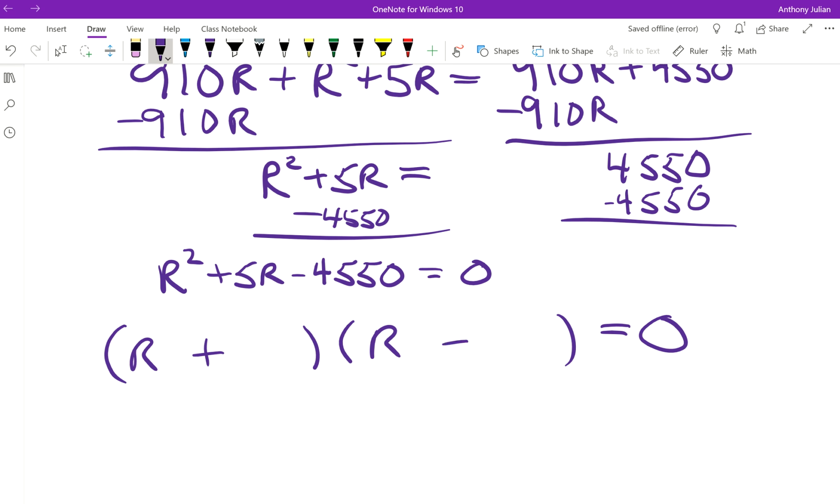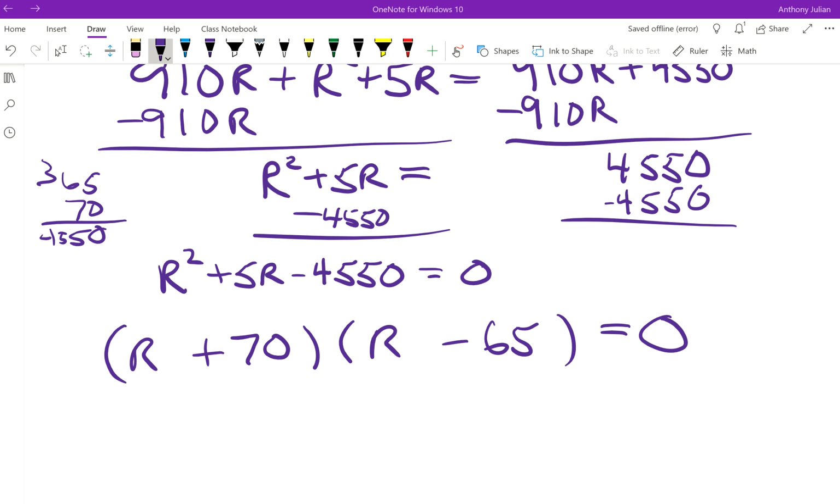And my 2 numbers that'll multiply to be negative 4550 and add up to be 5, and that is going to be 70 times 65. Okay, let me take a moment and check that. Yes, that's correct.